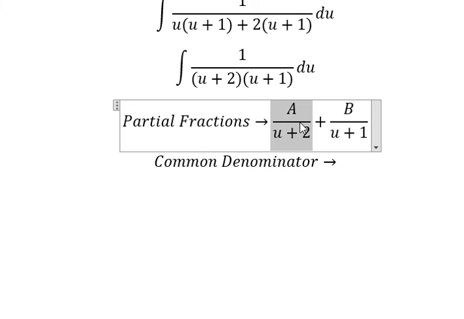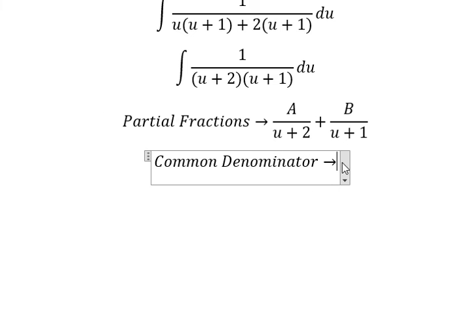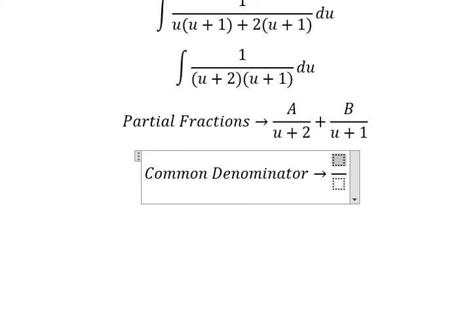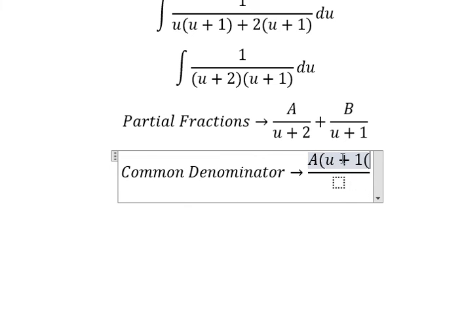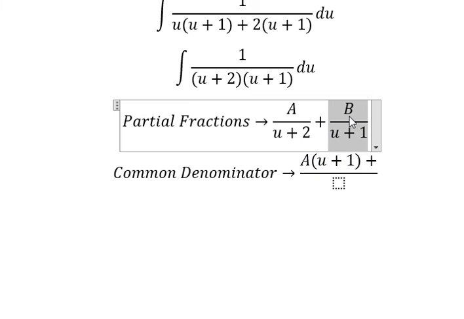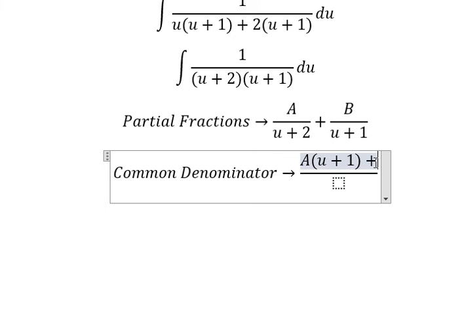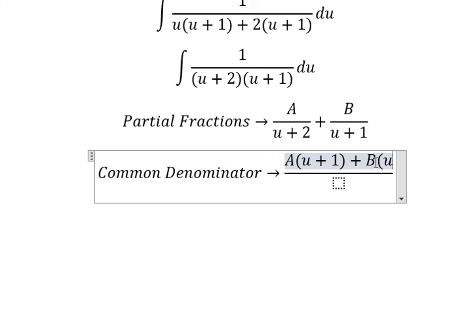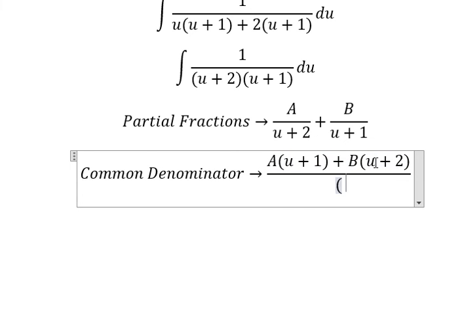About this one, it is missing u plus 1, so this one is multiplied by u plus 1. About this one, it is missing u plus 2, so capital B is multiplied by u plus 2.